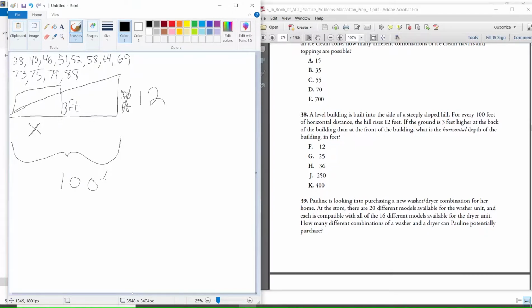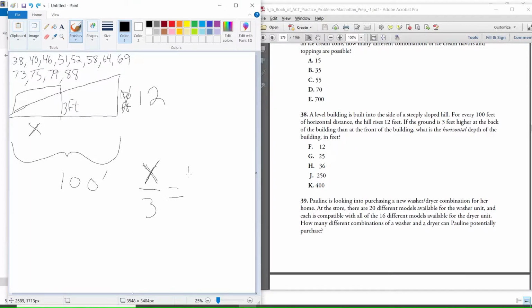All right, so now we know our horizontal distance x, that's the horizontal depth of the building, is 3 feet high, equals, because this is a slope, it's a linear relationship, equals 12 feet. Whoops, I've written those backwards.